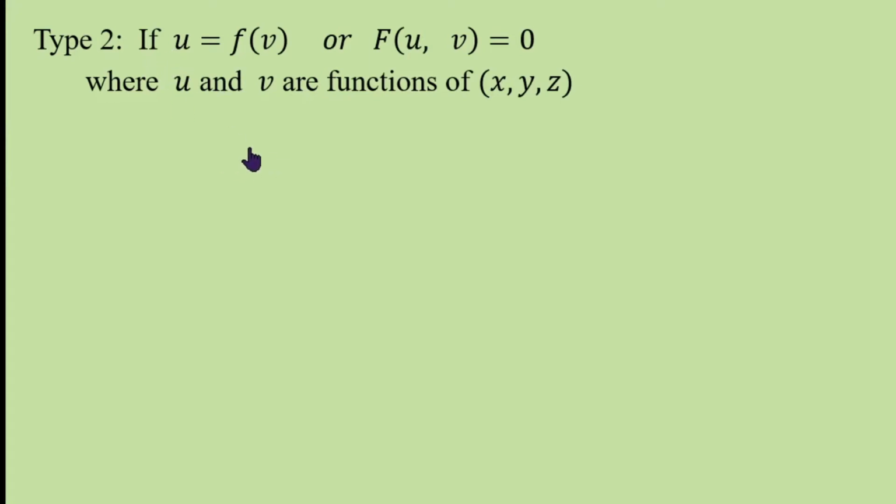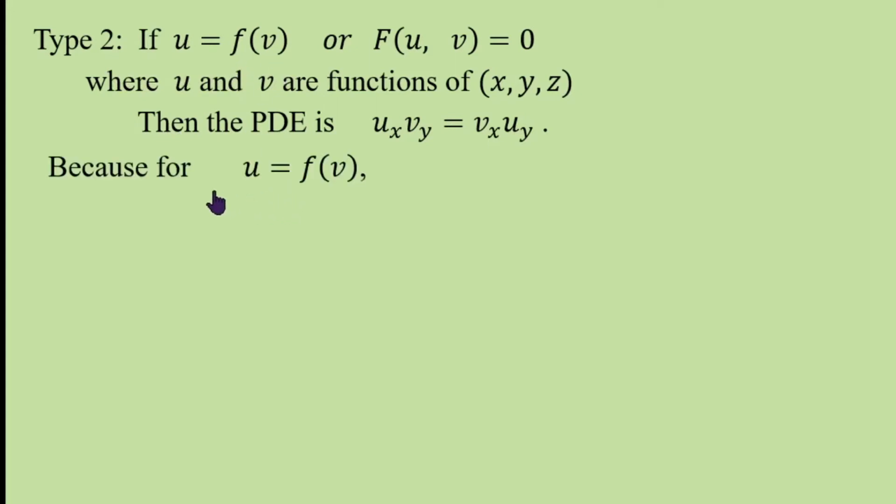Then the partial differential equation is partial derivative of u with respect to x into partial derivative of v with respect to y equal to partial derivative of v with respect to x into partial derivative of u with respect to y. So we can prove this, very simple logic here. If u is a function of v, when you differentiate partially with respect to x, ux equal to vx into f dash v.